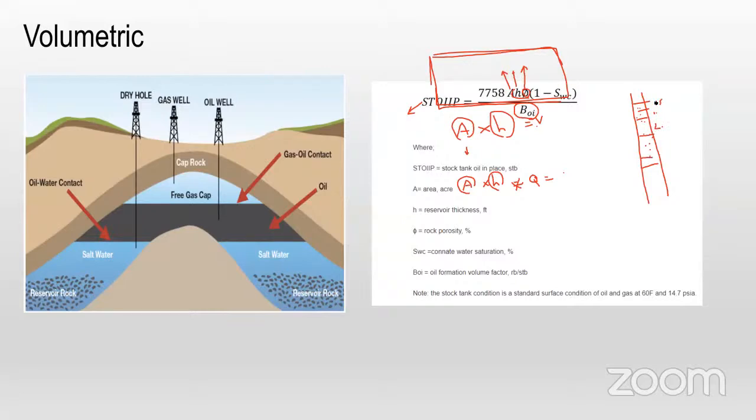Sometimes you must apply a cutoff to eliminate those intervals with low porosity and calculate the net thickness. You have the thickness of this part with high porosity, and this is low porosity. So you have the total thickness of the reservoir, and if you divide the net thickness, or net pay thickness, by the total thickness, you get the net to gross.